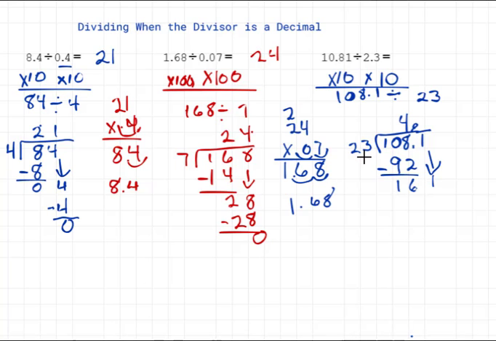So I'm going to start there, because I also know it's greater than 4. 7 times 3 is 21. Put the 1 here, carry the 2. 7 times 2 is 14 plus 2 is 16, so 161. So I end up with 4 and 7/10.